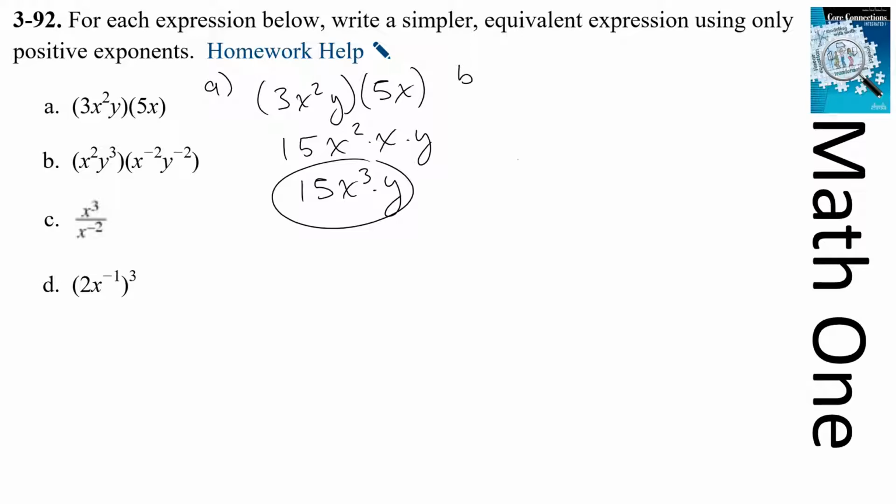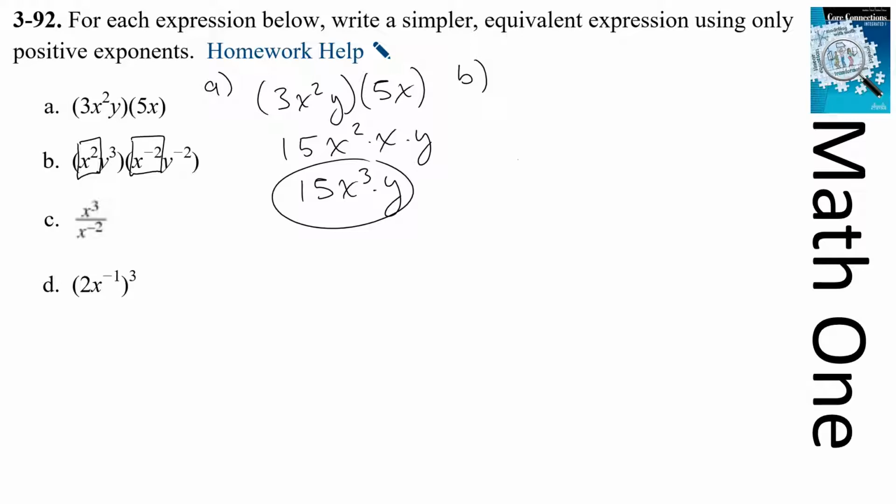For B, I have some negative exponents, and I'm going to neutralize those negative exponents by multiplying by x to the second and y to the second. And actually, I already have part of that done for me. If you look at it, do you see right here, this is x to the second times x to the negative second.